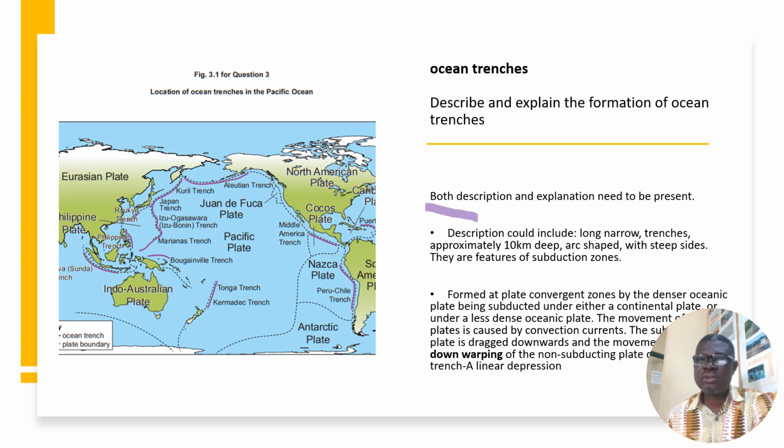How are they formed? The ocean trenches. I told you that they are formed from the subduction of two oceanic plates. And then the downwarping of the plates will lead to the crushing of some of these materials, leading to the trench forming, this narrow, deep depression forming from the subducted plates.